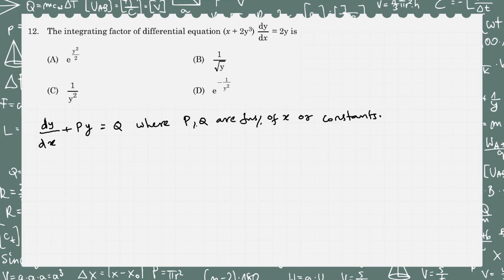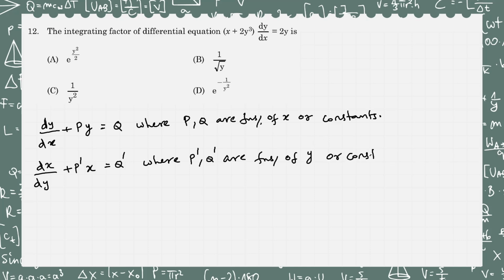And the second type is dx by dy plus p dash x equals q dash, where p dash and q dash are functions of y or constants.